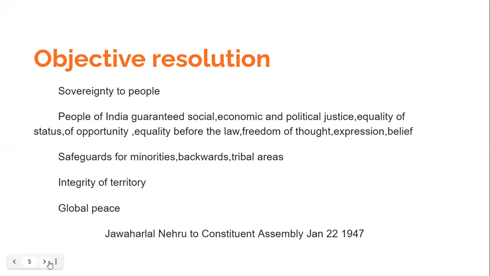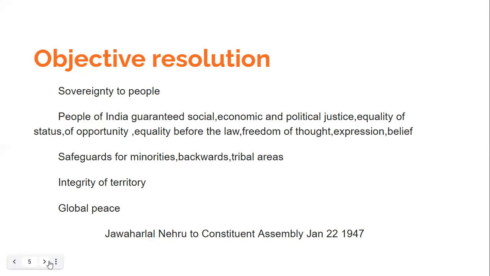The second thing was he talked about the guarantee to be given to the people about justice, and he mentions three kinds of justice: political justice, social justice, and economic justice.